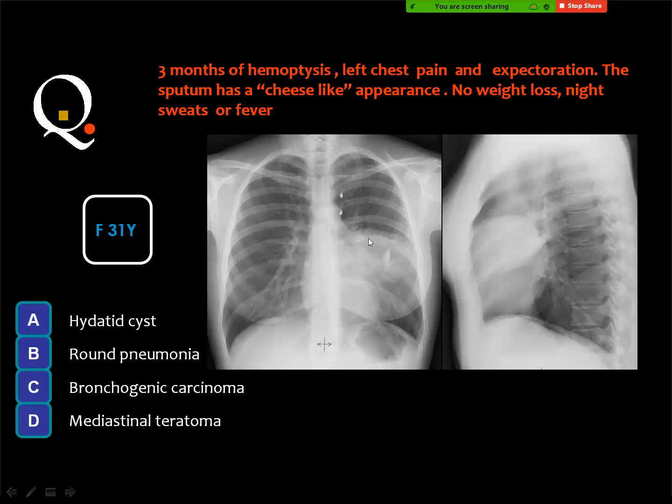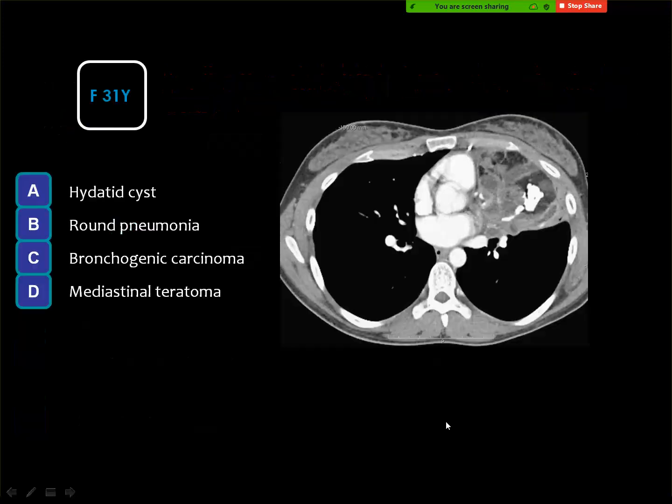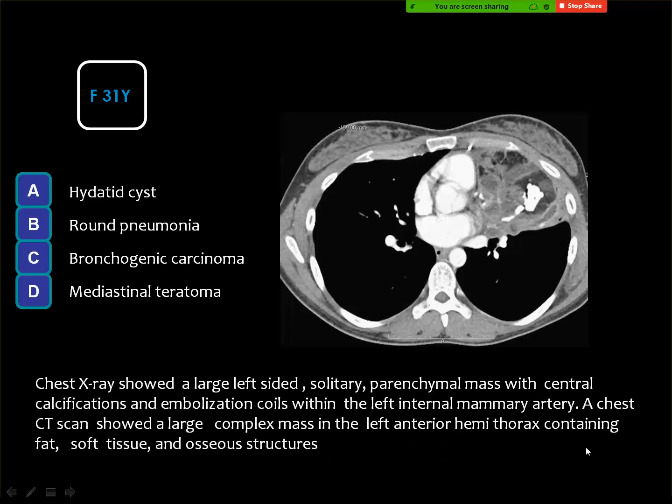It makes you feel that this lesion contains fat because of the light density of the lesion. Then if you have the CT scan and you see that there are fat and calcium and some fluid, the combination of all these three structures is diagnostic of mediastinal teratoma.